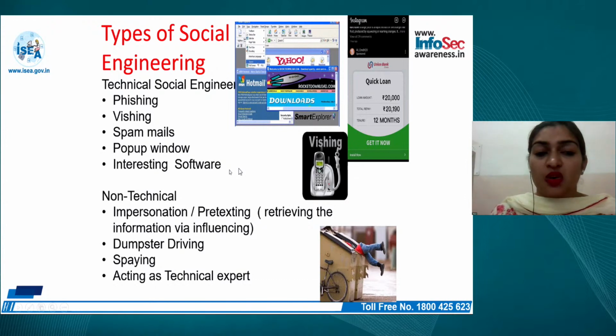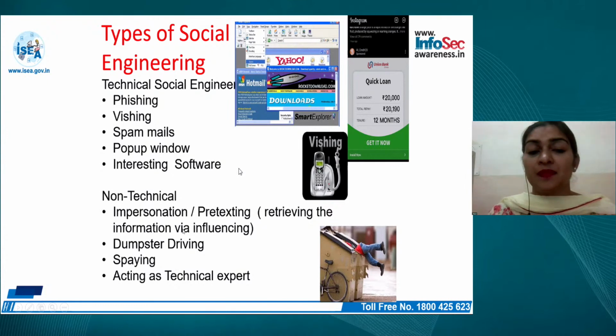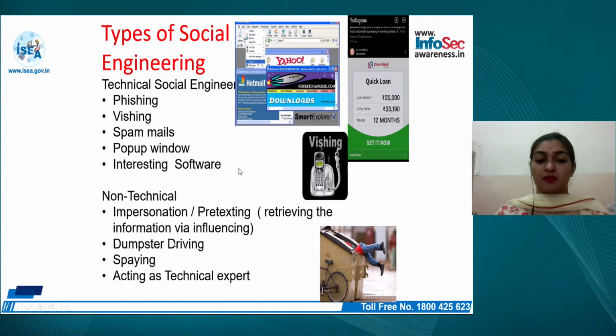Okay, so all of these are technical social engineering, whereas non-technical ones are like impersonation or pretexting, the one which we already discussed. Then dumpster diving, which we have already discussed, where attackers dig out our information from the trash. Then posing as, or acting as, a technical expert.